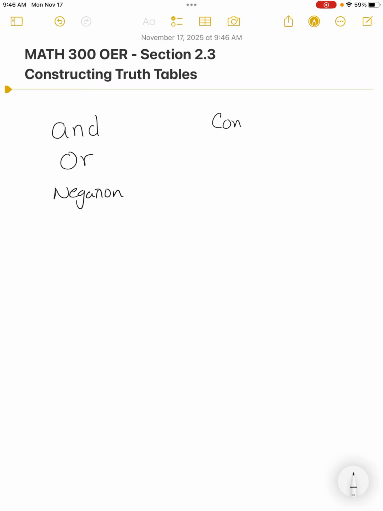So we want to look at those. We also saw what they call the conditional. And if you remember what the conditional is, that's the if-then statement. And then there's the biconditional. And that's the if and only if that they shared with us back in 2.2.